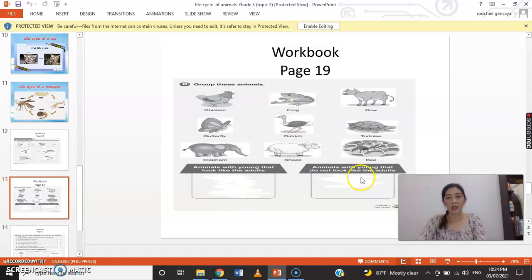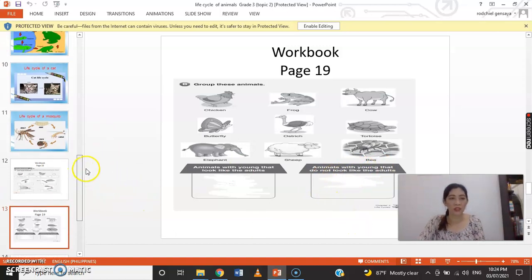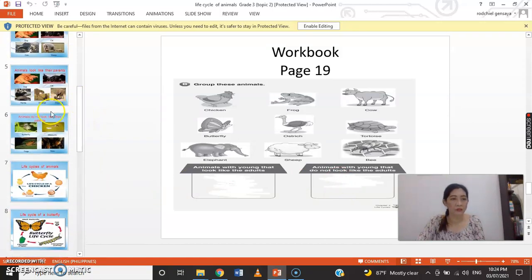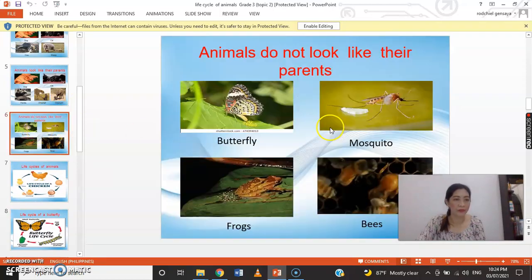And this one is animals with young that do not look like. This is the example of animals that do not look like. This one, butterfly, mosquito, frogs, and bee.